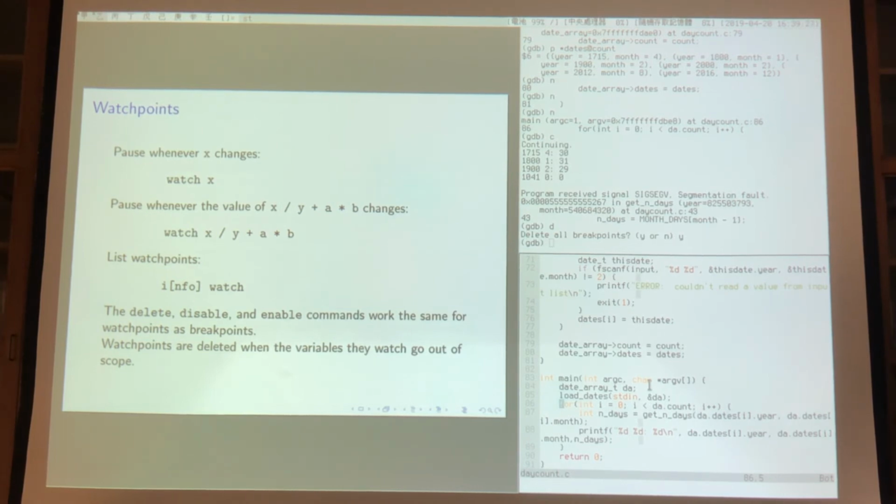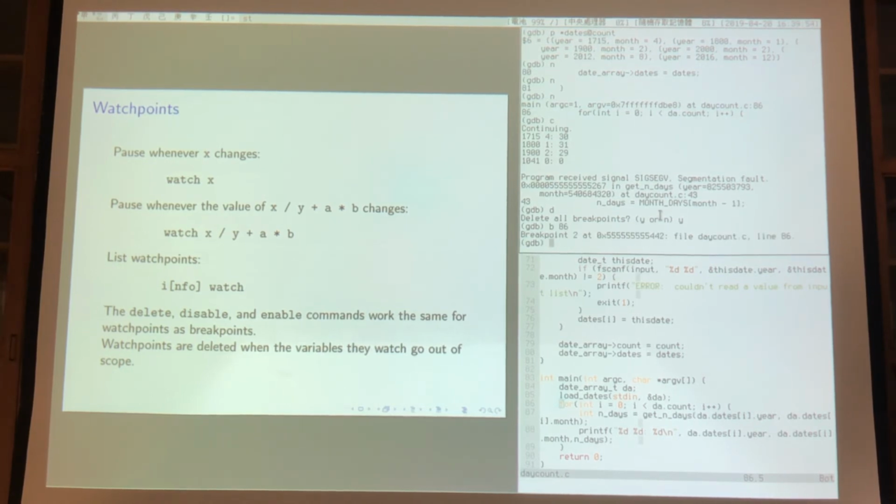We were inside the load dates function and we saw that everything loaded apparently correctly, and we got outside that function and we actually didn't look at it again, but I'll assure you that everything is still okay at this point. So 86, does everyone agree, would be a good place to break? So let's put a breakpoint on line 86. So b space 86.